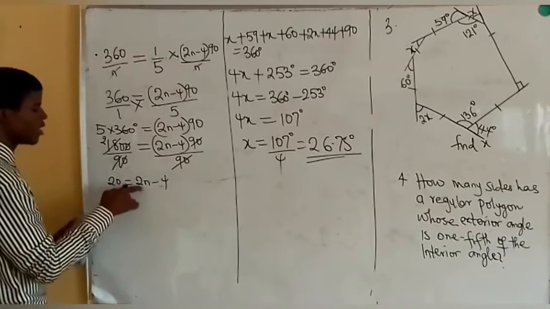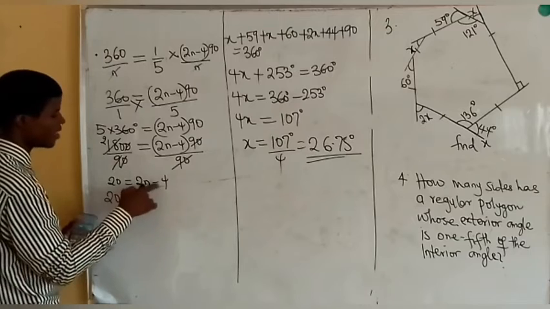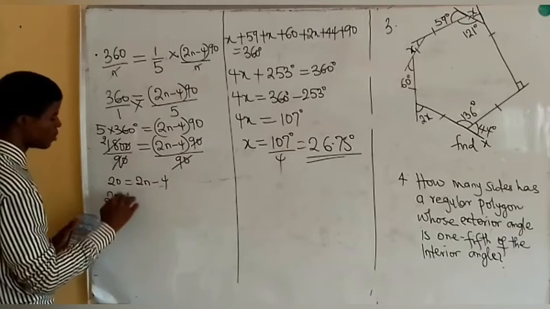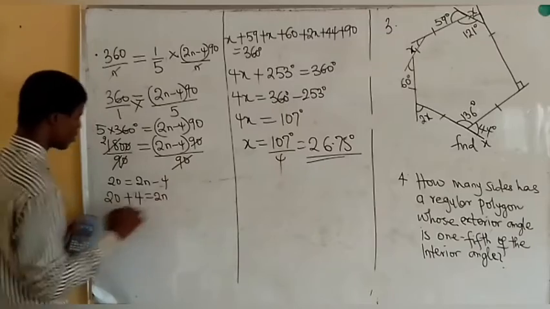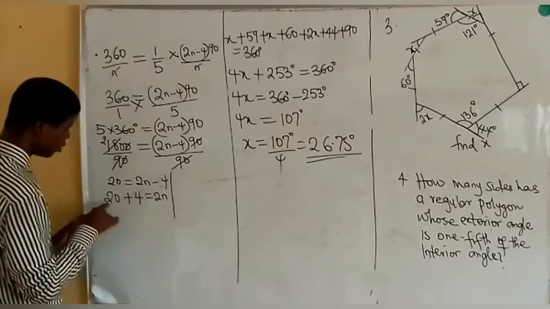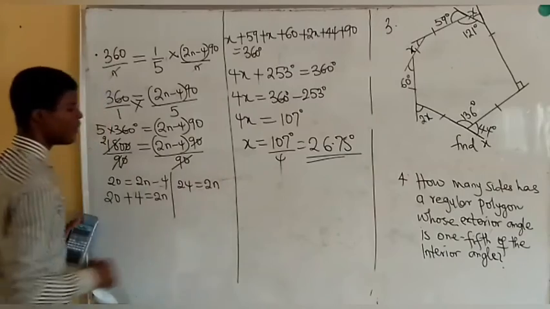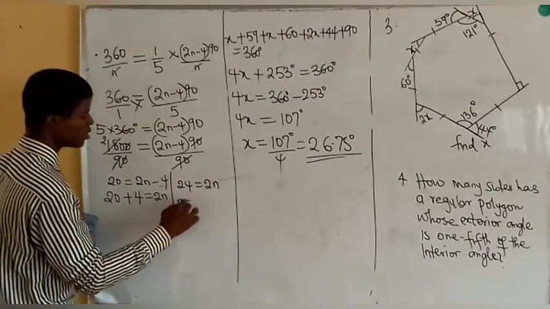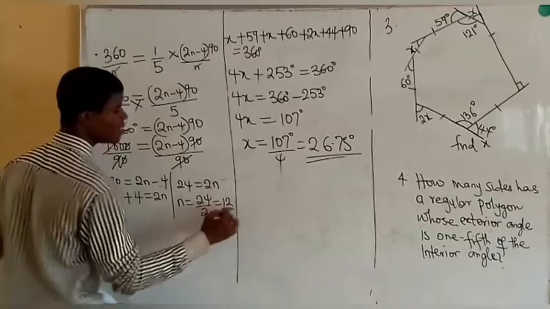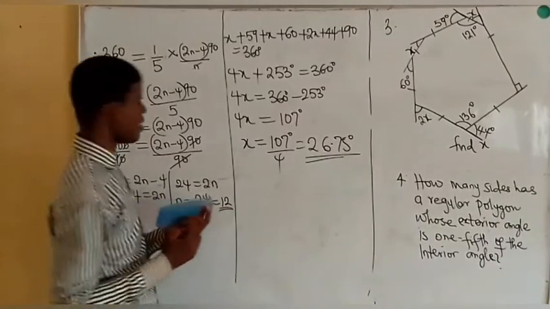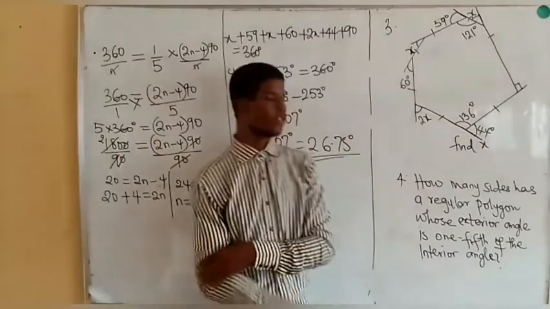So from here now, to make n the subject of the formula, 4 crosses to the other side and becomes positive 4. 20 plus 4 is 24, which is equal to 2n. Dividing both sides by 2, n is equal to 24 over 2, which is 12. So the polygon has 12 sides.